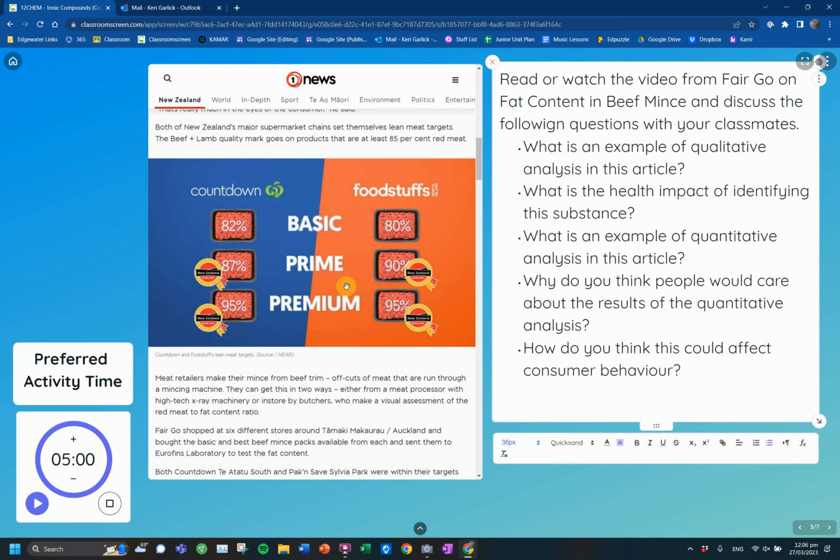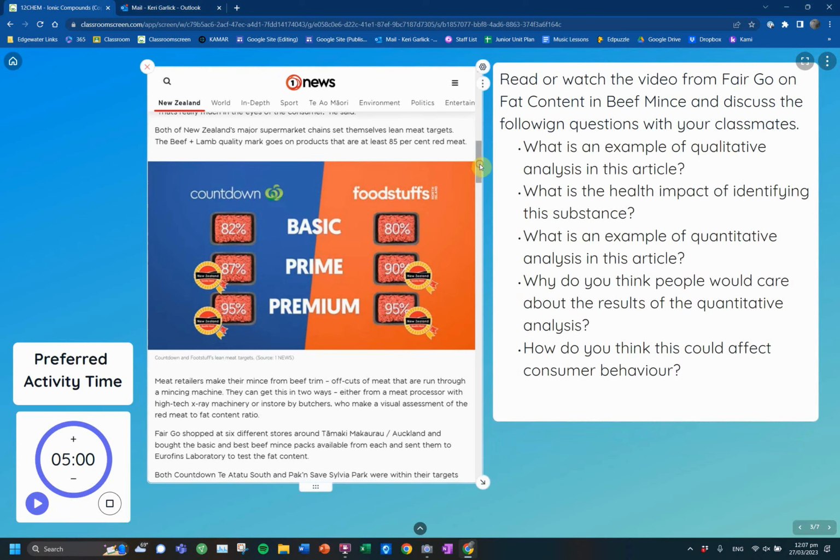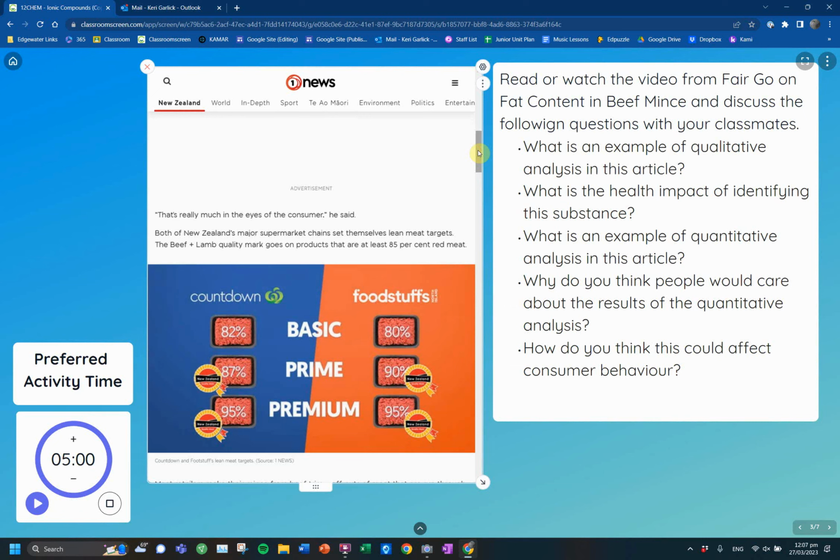And we can see here the percentages that are being advertised by Countdown. Is Food Stuff another company, or was that their testing? That was Food Stuff. Yeah, I think that's just another company. But we obviously saw when FairGo did their testing that the numbers were actually wrong. So again, that is concerning because consumers buy it with an expectation and they're not meeting that expectation.